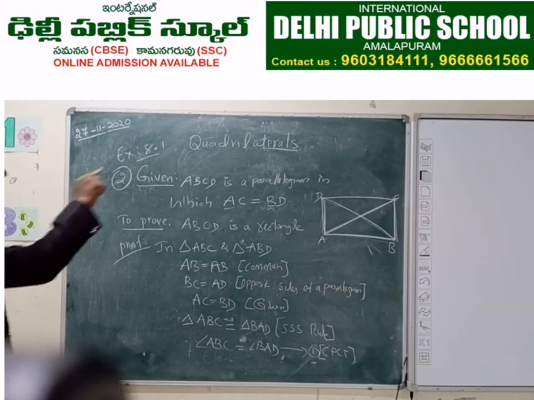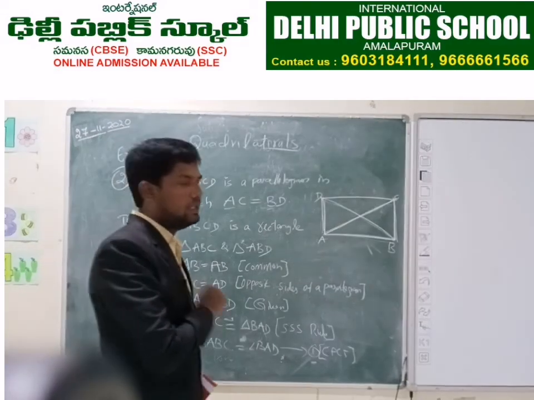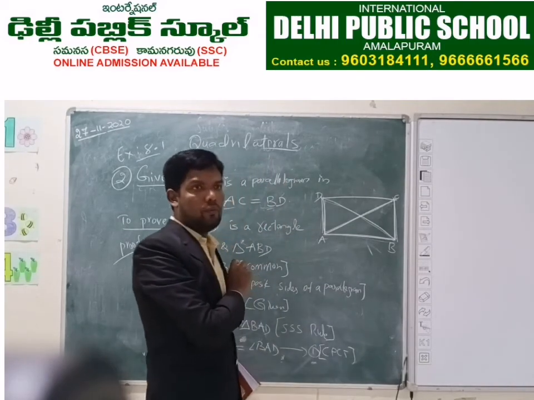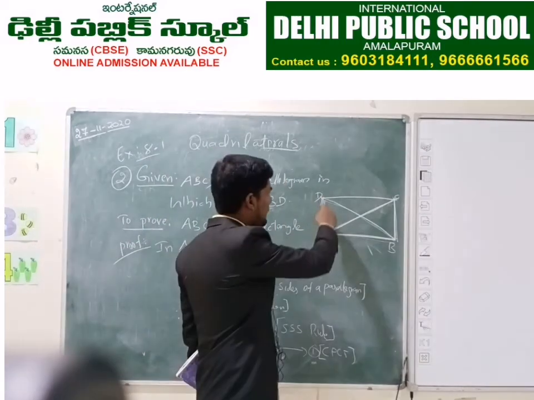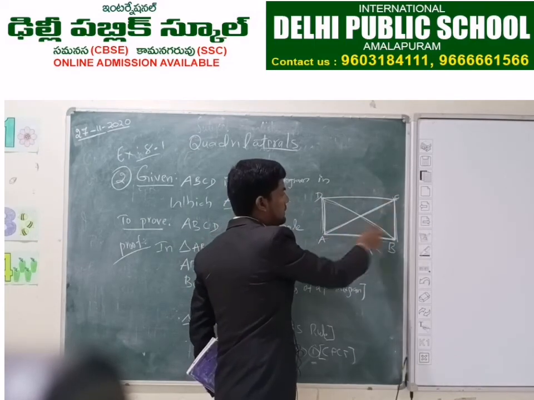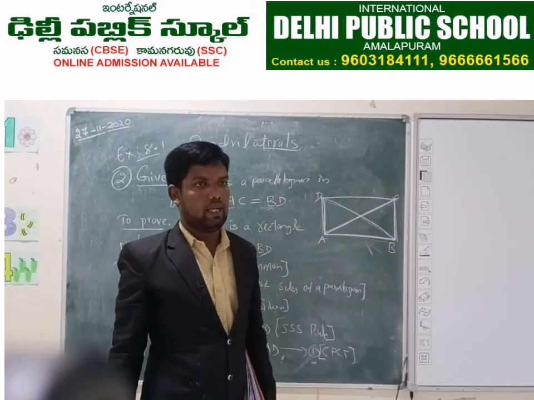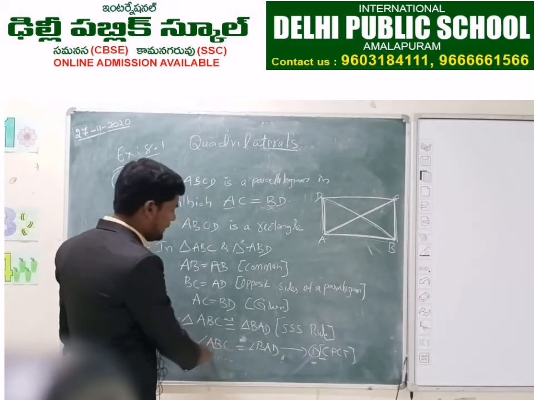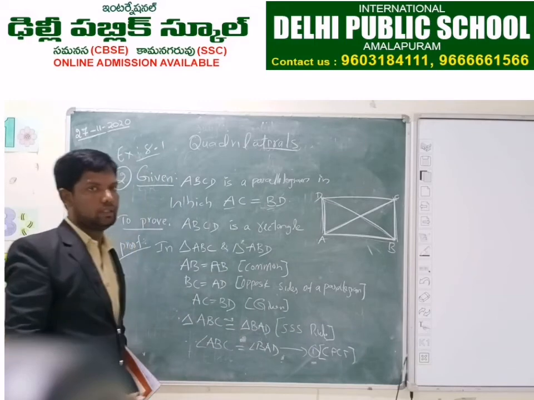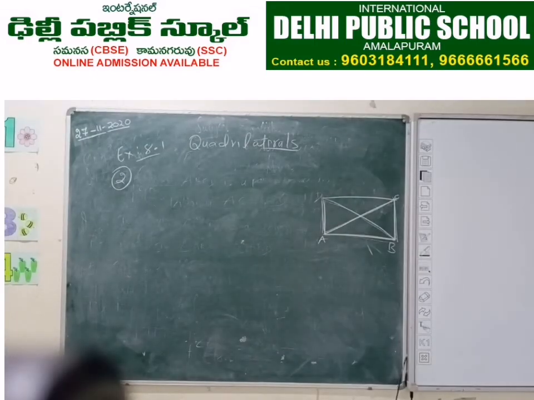Since they have given ABCD is a parallelogram, right? In this parallelogram, the sum of these two angles is equal to 180 degrees. Okay, angle DAB and angle ABC. We take the sum of these two as 180 degrees. In that, we already have angle ABC equal to angle BAD, right? If we prove that, we will get 90 degrees.